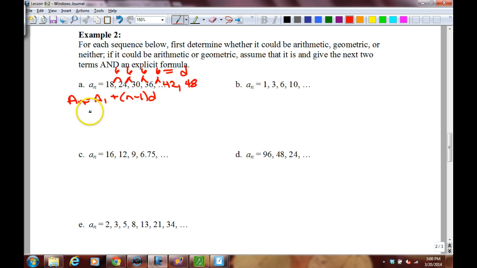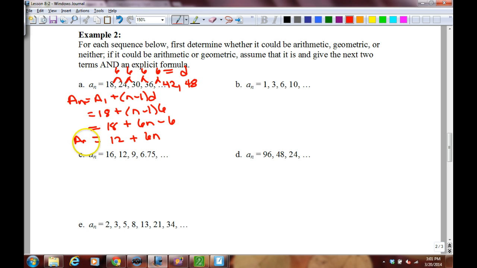What's my a sub 1 in this case? 18. And we're going to distribute that 6. So I have 18 plus 6n minus 6. So 12. Yep, 12 plus 6n.